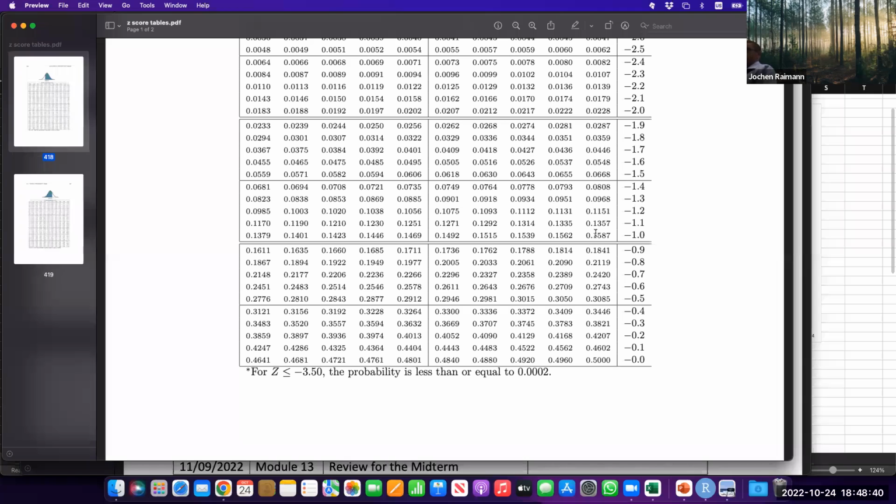Z-scores are also used, for example, in osteoporosis. Do you know what osteoporosis is? It's basically a loss of mineralization, decalcification of the bone, which sometimes comes with terrible side effects. And you do osteodensitometry, which basically measures how well calcified that bone is.